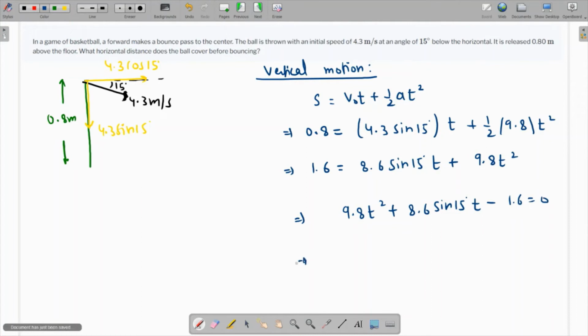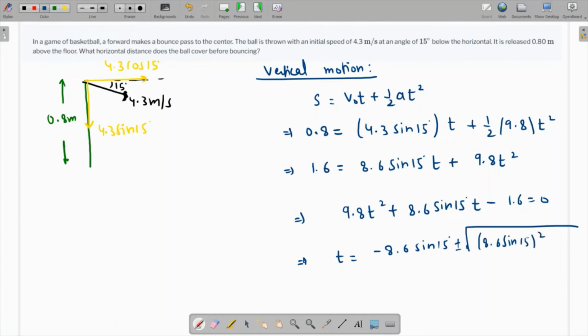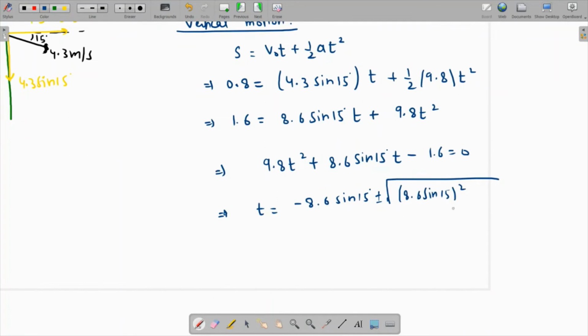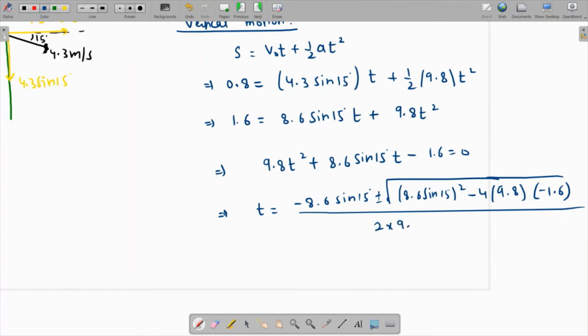So the value of time comes out as minus 8.6 sin 15 plus or minus the square root of (8.6 sin 15) whole squared minus 4 times 9.8 times minus 1.6, over 2 times 9.8.